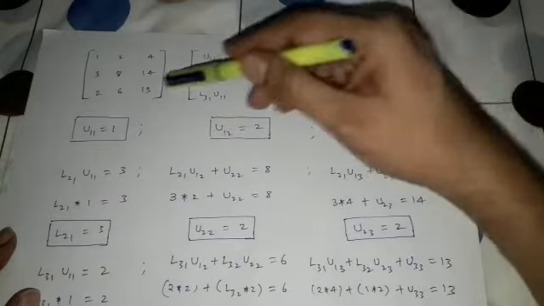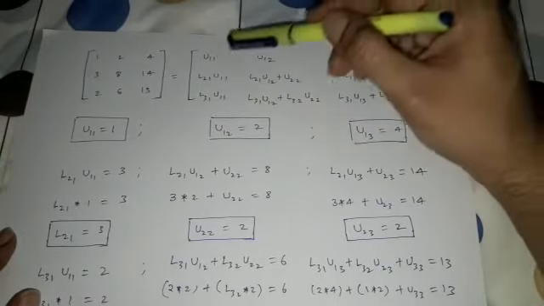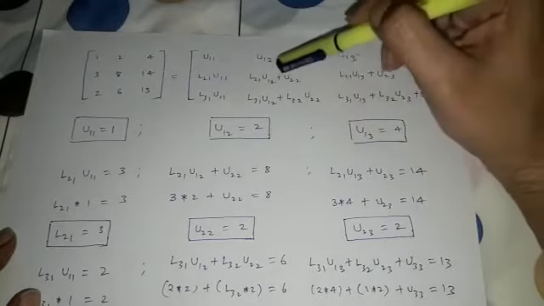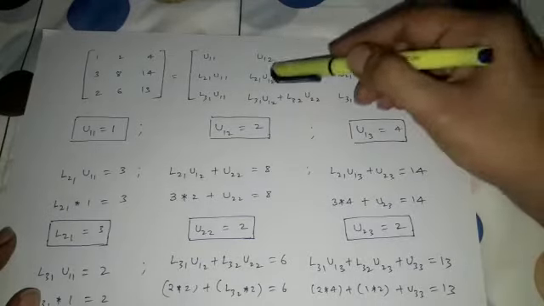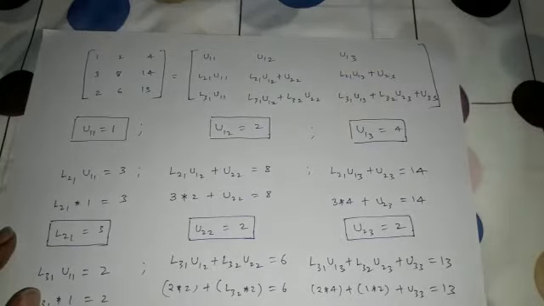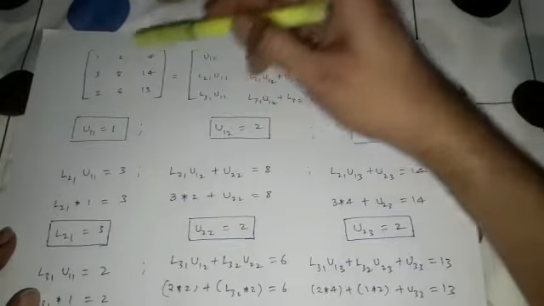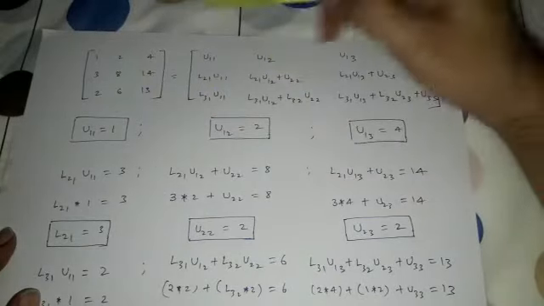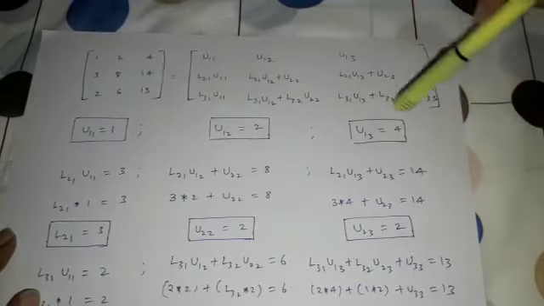These two are equal, so compare the corresponding elements and find the unknowns u11, u12, u13, l21, l22, u22. When you compare, directly you get u11 as 1, u12 as 2, u13 as 4.